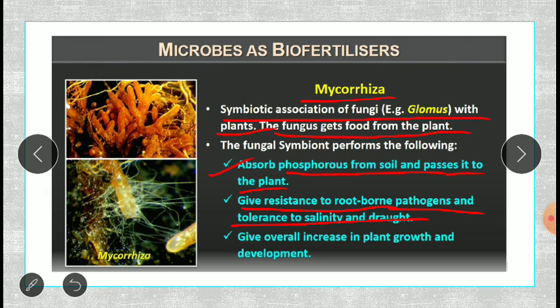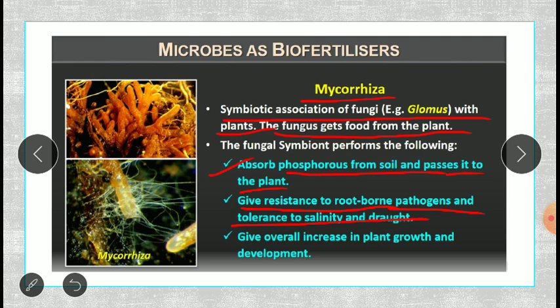It is keeping the pathogens away, and it is also helping the plant to survive when there is salinity. Salinity means when the salt content in the soil increases. Or drought. Drought means extreme dry condition when water is not there. So at those conditions, these mycorrhiza are helping the survival of the plant.